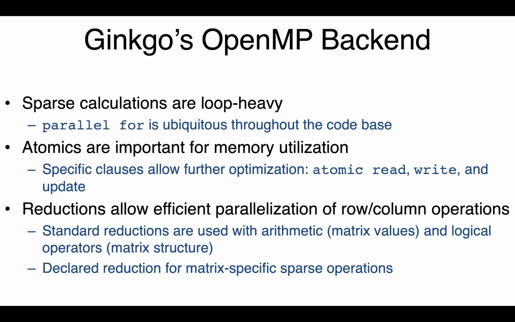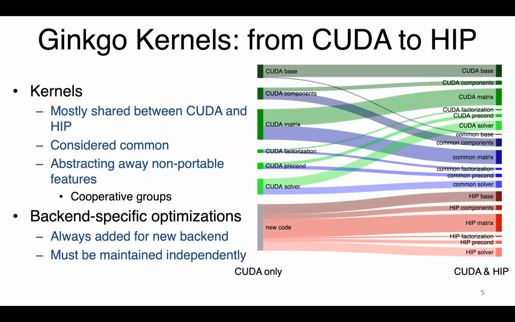The others are for the matrix structure, but there are also declared reductions that are very specific to operations on sparse matrices. And if you compare that to the approach taken in Ginkgo to maintain its CUDA or HIP backends, you can see that the picture gets immediately much more complicated.